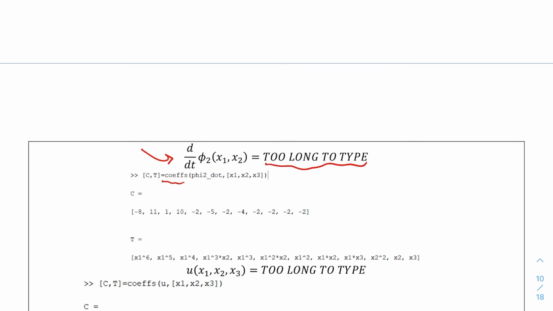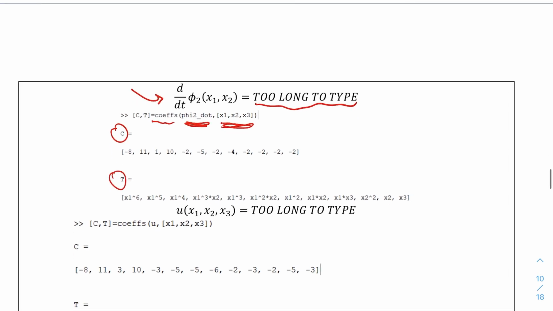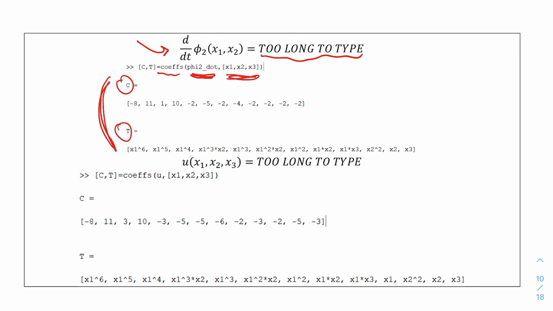Since this is a polynomial, we know that you can only use the coefs command if you know your expression is a polynomial of the given variables. And this is coefficients and this is terms, right? You can just express that. I guess this is compact.